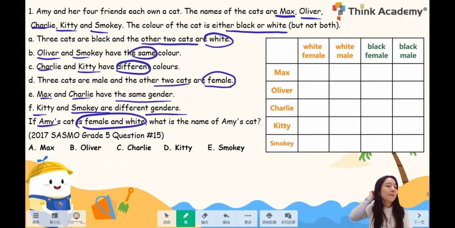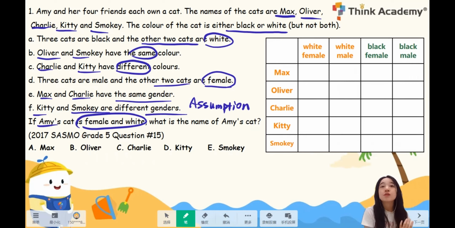Now let's see. Because we don't know the specific condition or what color every single cat is, we can just make an assumption. When we are not sure, just assume a certain case and check if the conclusion is contradictory to other conditions.